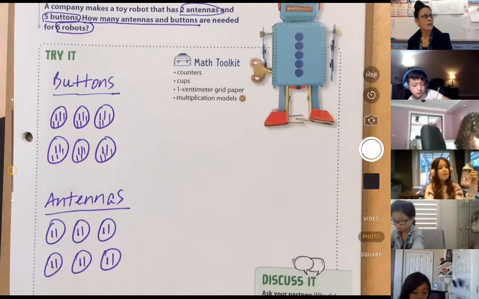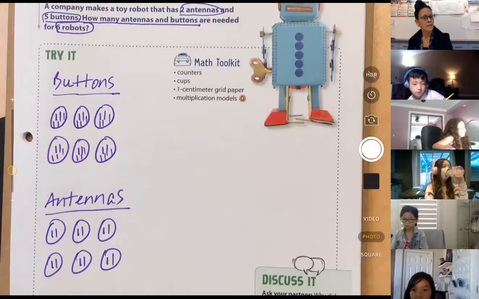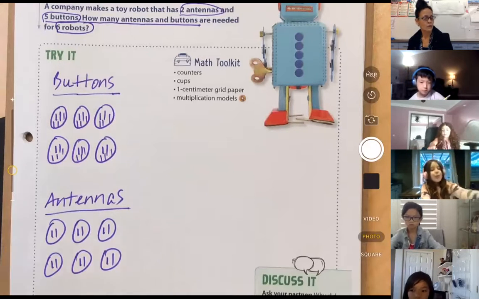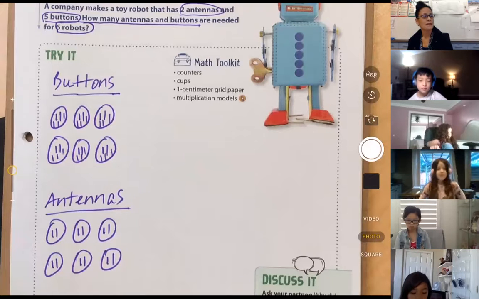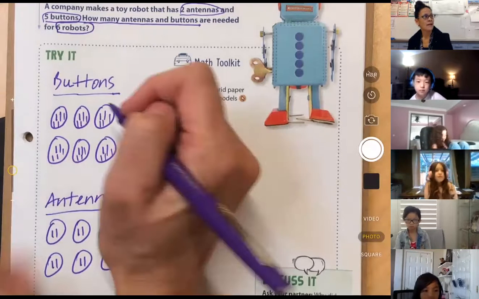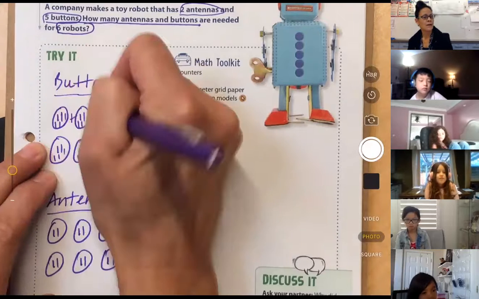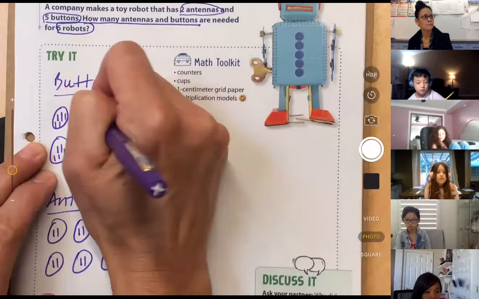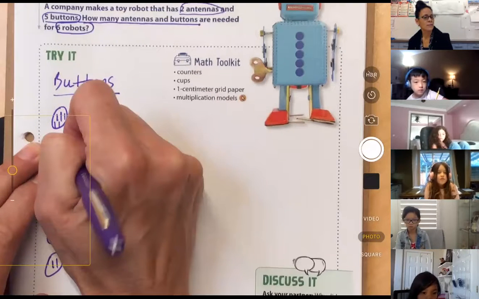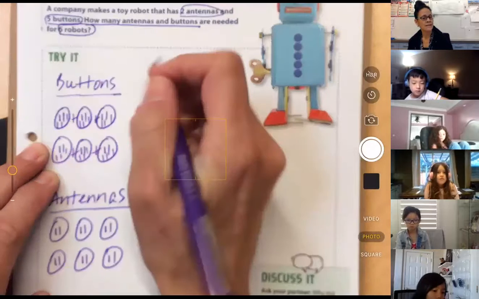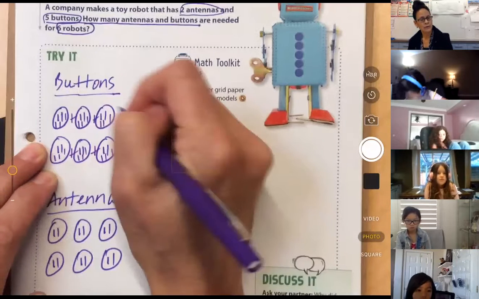And now in order for me to find out how many buttons in all that I need, I can add up all of these groups or skip count with the buttons: 5, 10, 15, 20, 25, 30. And for the antennas, it would be 2, 4, 6, 8, 10, and 12.